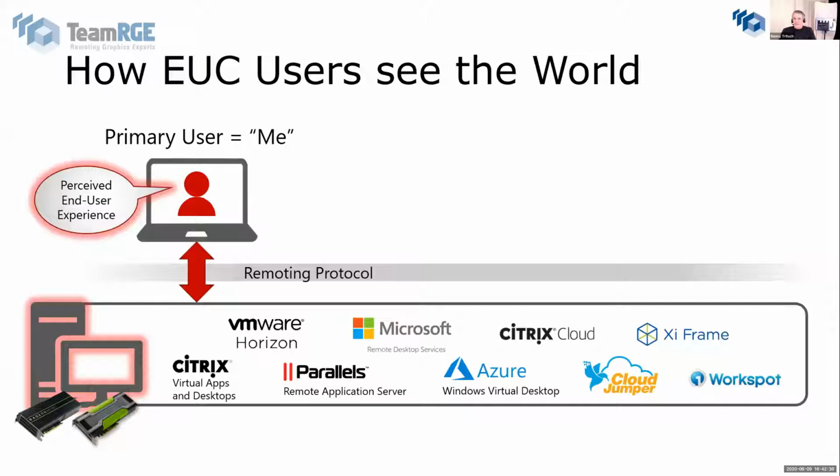And this is how the EUC user sees the world, because the EUC user, when he looks at himself, says, yeah, hey, that's me. I have access to a EUC environment that may be GPU accelerated or not. And you see there's a whole range of offerings that they can use, from the cloud and on-prem.